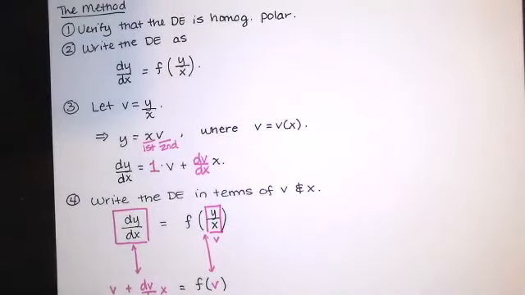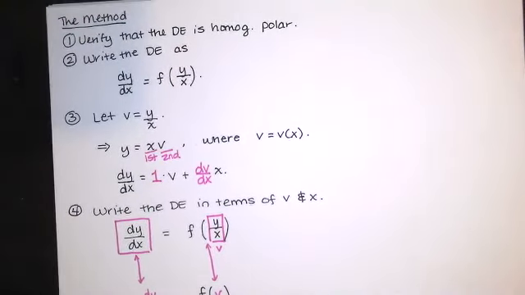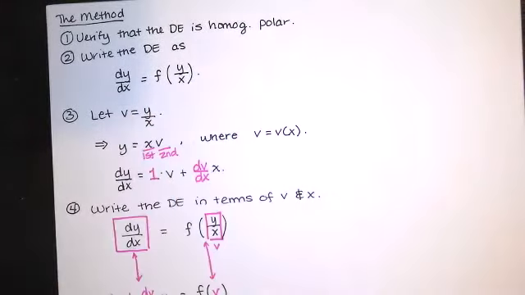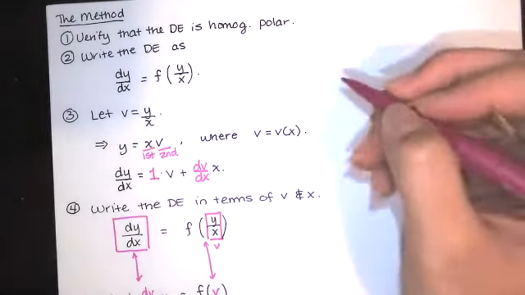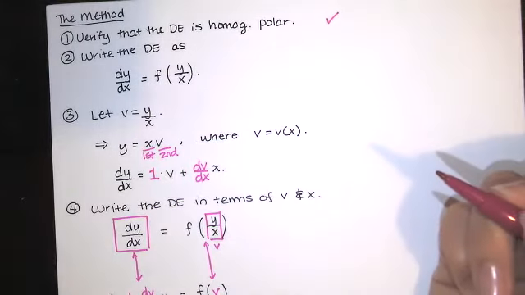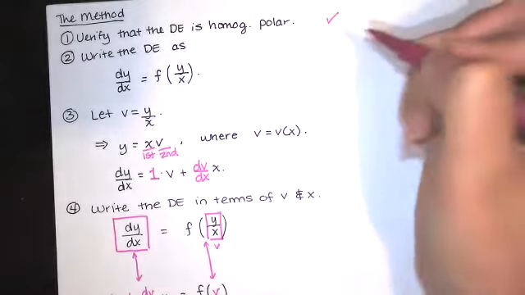Okay, now I know this seems like a lot, but the idea is this. If the differential equation is homogeneous polar, then every single time your goal is to write it as a separable differential equation in v and x. So we verify that the differential equation is homogeneous polar, and then we're going to make a substitution.